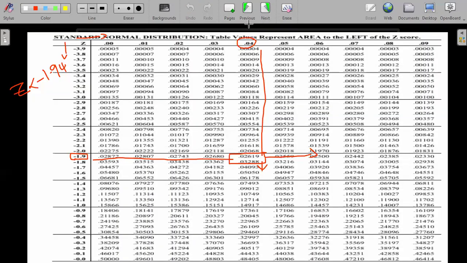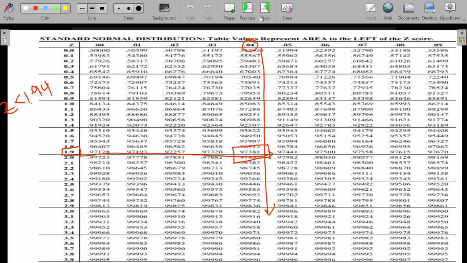Right, so let's go to the Z-score table. That should be for positive values. Okay, so I'm looking for the probability 0.75. Okay, so 0.75 should be somewhere here.